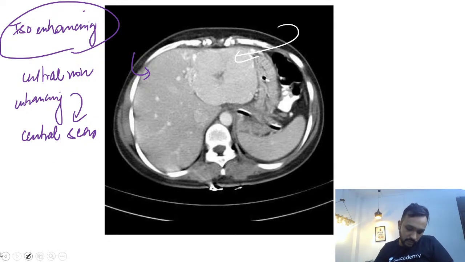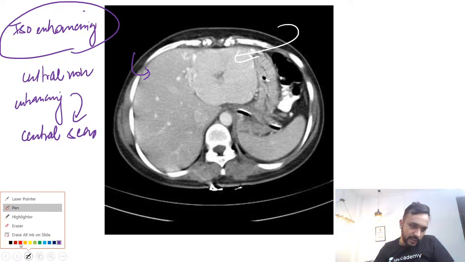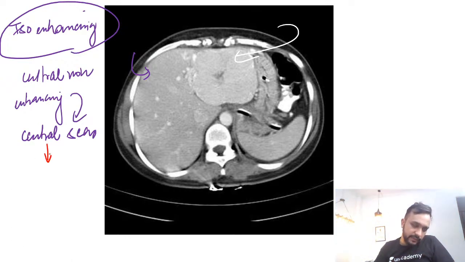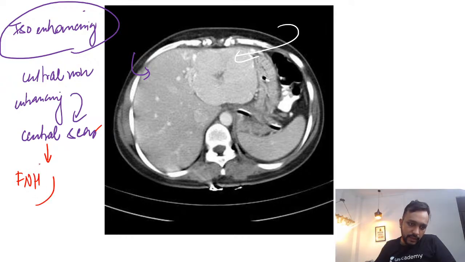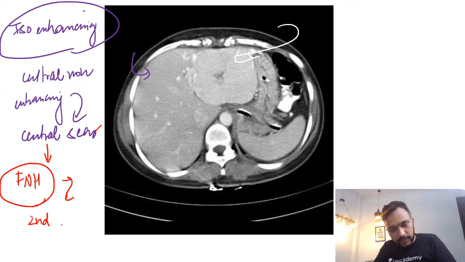And guys, we all know the central scar. In which case is it seen? You are going to see central scar in a case of focal nodular hyperplasia, which is the second most common benign tumor of the liver.